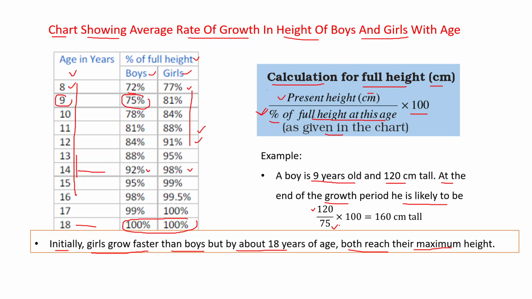Divide by 75 multiplied by 100. That is 160 centimeter tall, that is at the end of growth. Simply we can say at the end of 18 years, his full height will be 160 centimeters. Okay, in this way you can also calculate your full height, what will be at the age of 18 years.